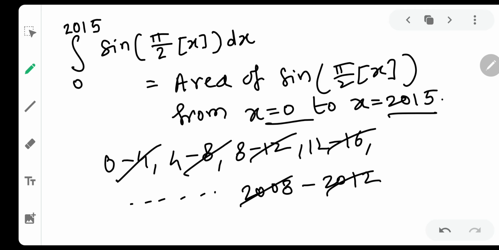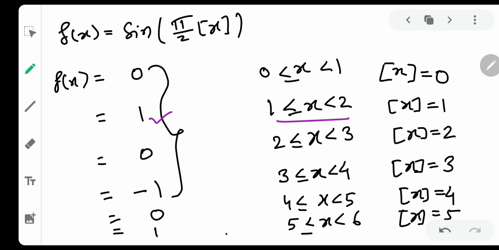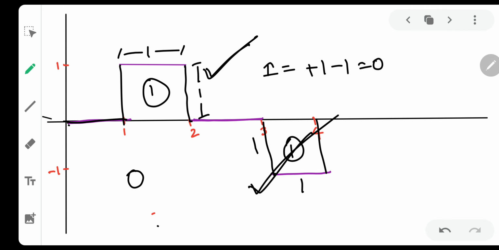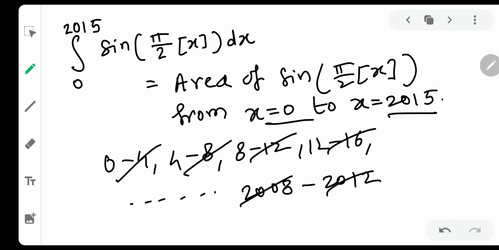So all that we are left with is 2012 to 2015. So what we'll do is we will plot that area. Let me say I change these particular numbers because the cycle is going to repeat after 2012. Can you guess that? Check out here.